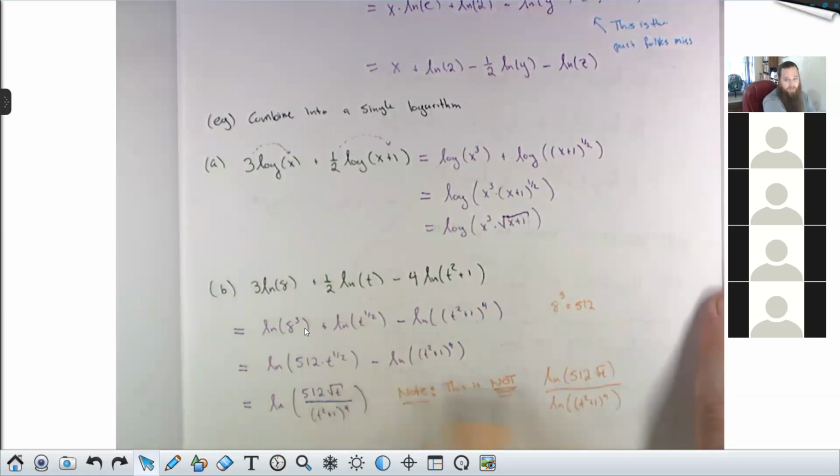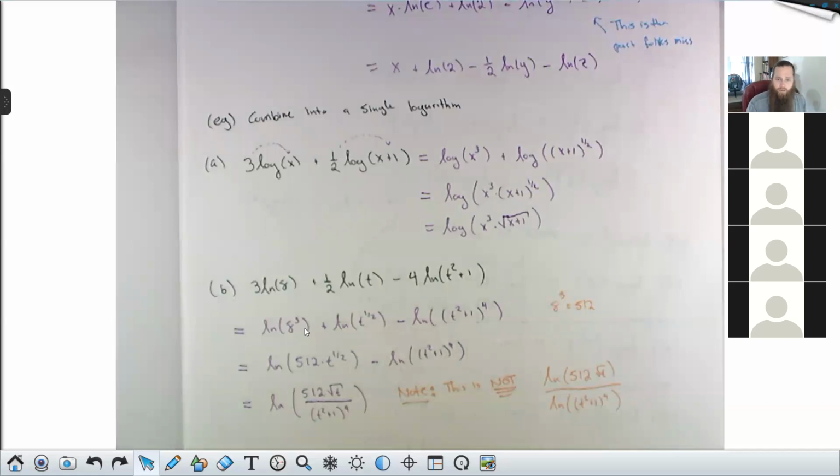I know it kind of looks similar, and you get used to this idea of division, subtraction, and it's tempting to write things like this sometimes. But this is very, very different from this. Not only are they not algebraically equivalent, you plug in numbers, you're not going to get the same thing. They just mean totally, totally different things. This is like x over 2 all squared. This is like x squared over 2 squared. Same sort of error, only far more severe in the case of logarithms. This is one of those common mistakes, right?